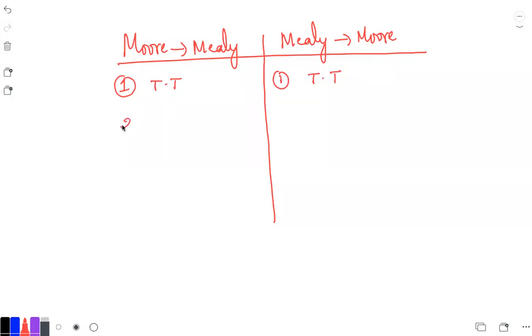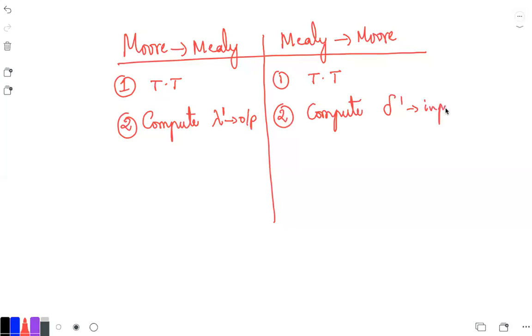Second, in Moore to Mealy construction, we compute lambda dash, the modified output function. Here, the reverse: in Mealy to Moore construction, we compute delta dash, the modified input function. This is output, this is input. The lambda dash syntax is very simple: state comma input.